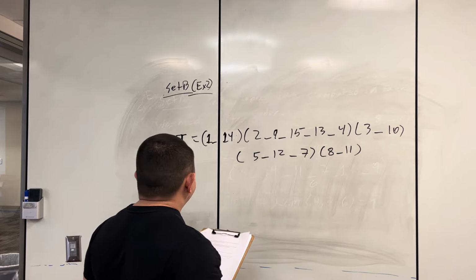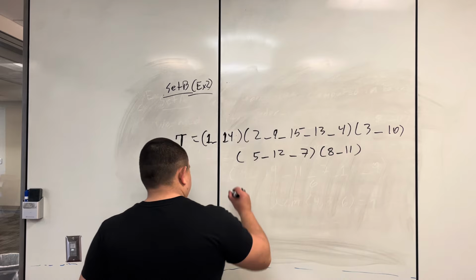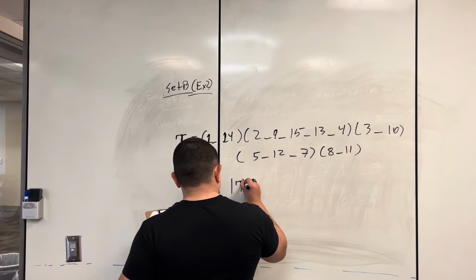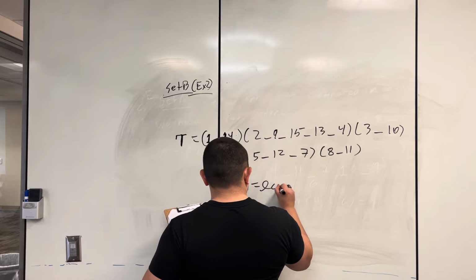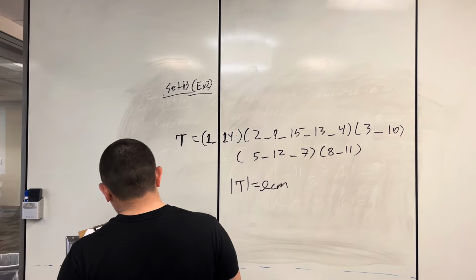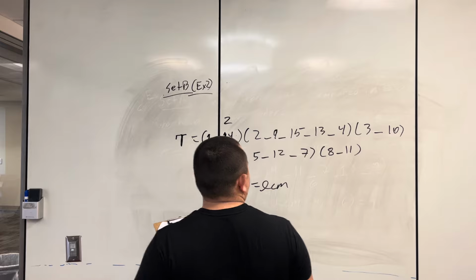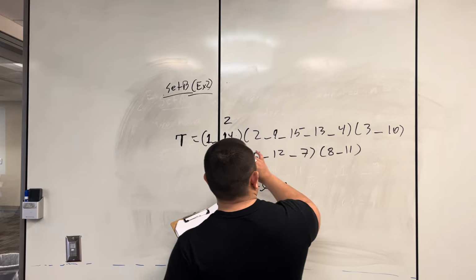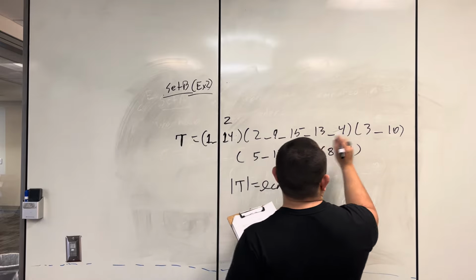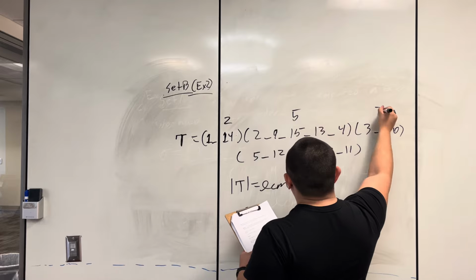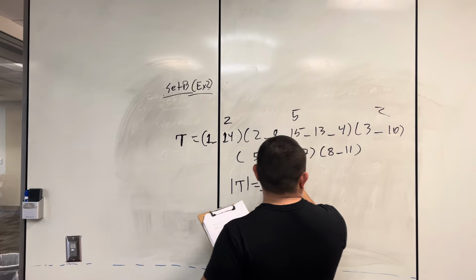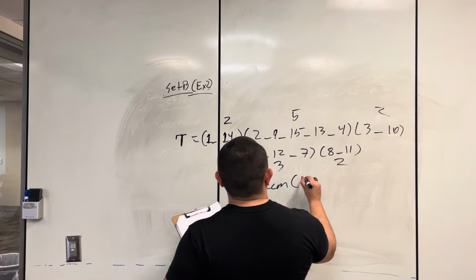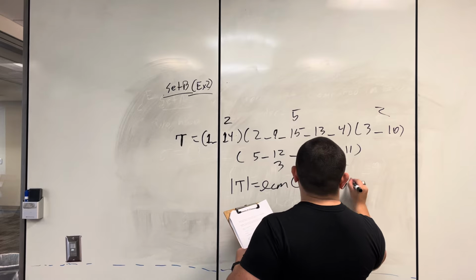Let's see here. So the order of tau is equal to the LCM of the orders of these disjoint cycles, right? So the lengths are 2, 5, 2, 3, 2.